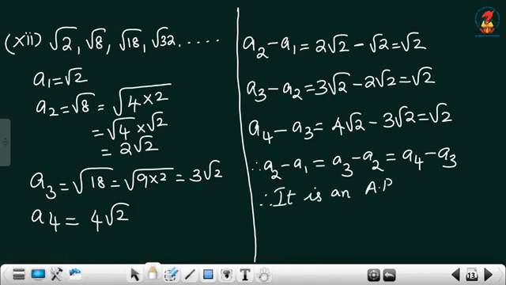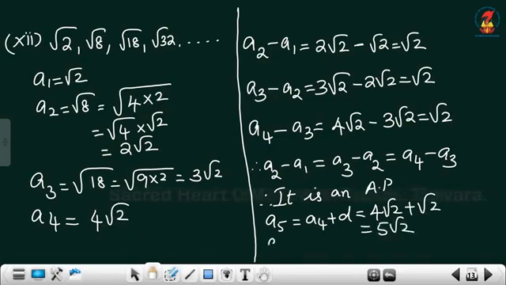If this is an AP, you have to find the next one. That means the next 3 terms. A5 is equal to A4 plus D. A4 is 4 root 2, plus D which is root 2. So, 5 root 2. Similarly, A6 is equal to 6 root 2 and A7 is equal to 7 root 2.